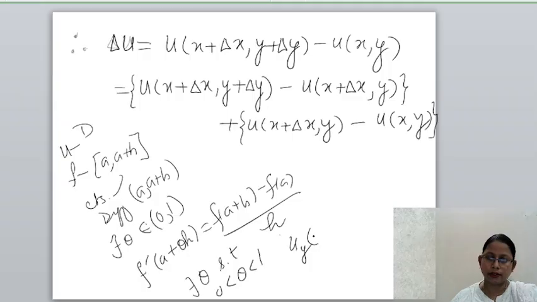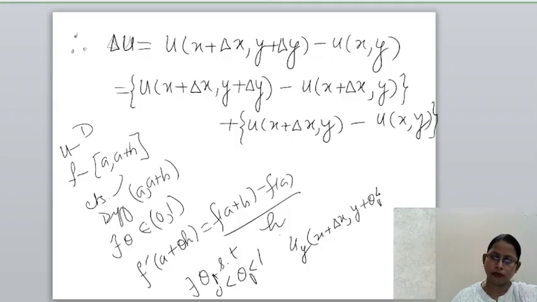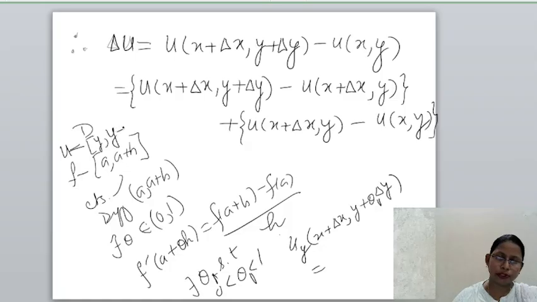So here this is x plus del x, and the y increment is given with theta 1, here I am taking theta 1 delta y. Here my interval will be y plus del y, so del y is the interval.